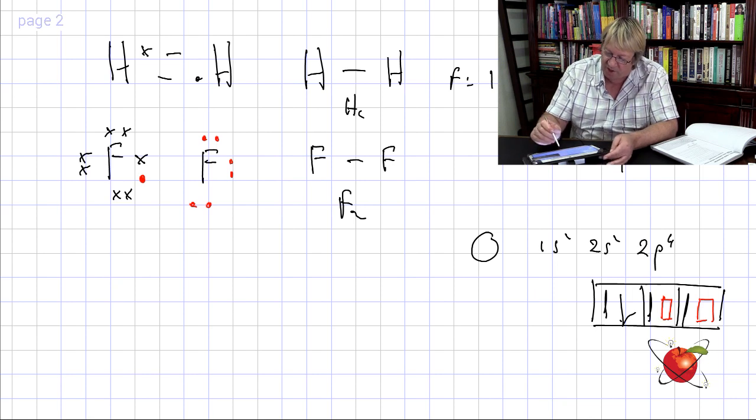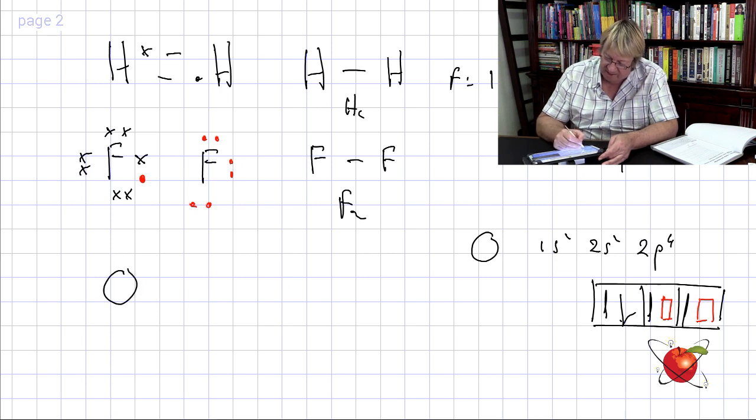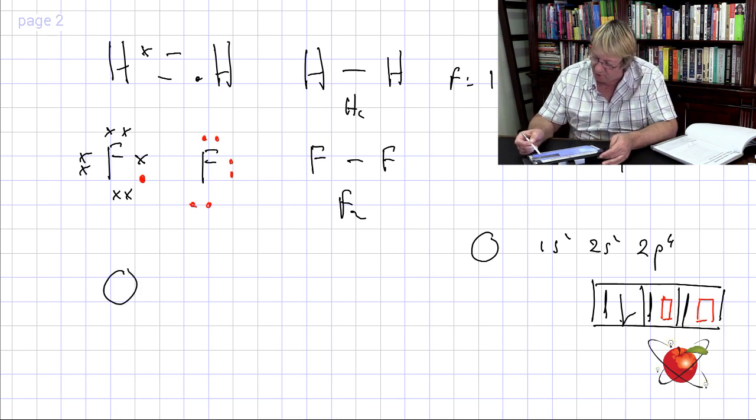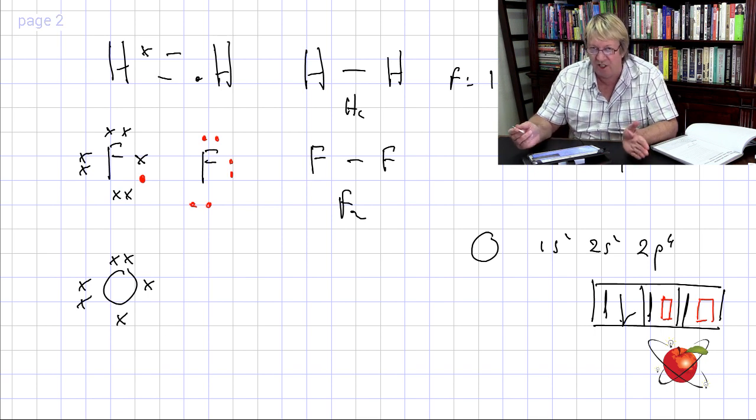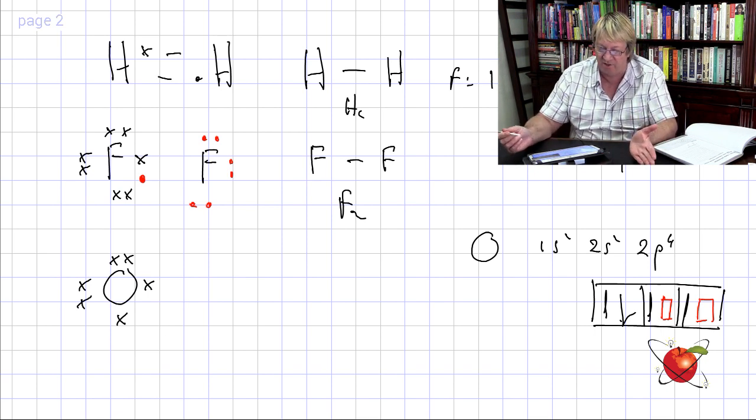Let us draw the oxygen. Okay, there's my oxygen. Now I come along and I say, right, I need to draw 6 of you. So I'm going to say 1, 2, 3, 4, and I'm going to put 5 and 6 over there. This is just for my diagrammatic representation.